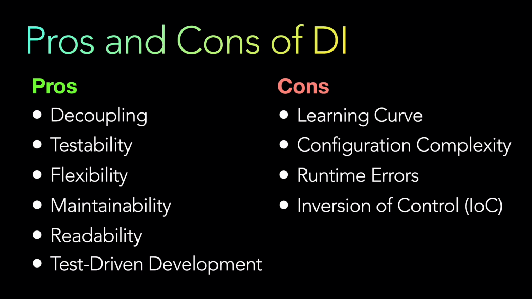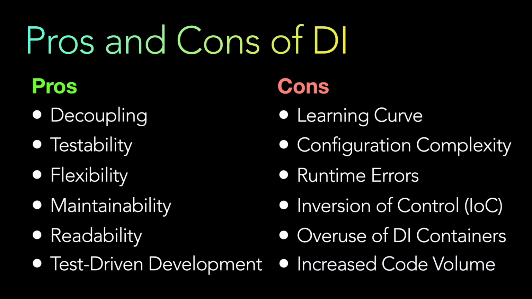Inversion of control and container overuse: DI frameworks use a lot of IoC containers, which can introduce overhead and may impact performance. Over-reliance on the DI containers for managing dependencies can lead to the service locator anti-pattern. So there is an anti-pattern for that. And increased code volume.